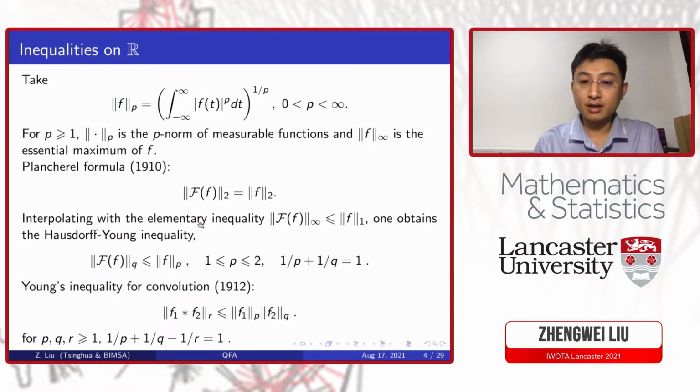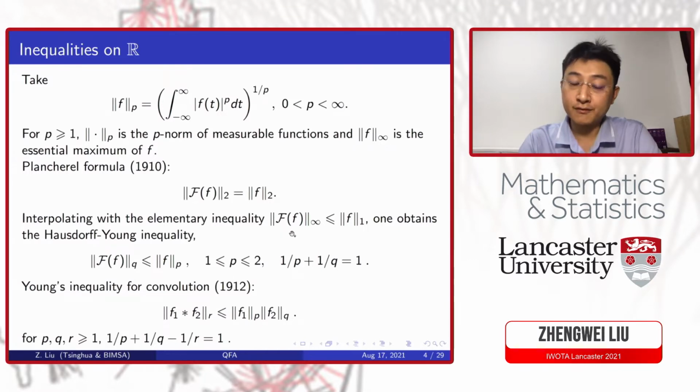Now, to get inequalities, just by the definition, from the integration formula of the Fourier transform it is easy to show that the Fourier transform of f has maximum value bounded by the one-norm of f. Then by interpolation methods, we can get an inequality for the p and q norms, subject to the condition p inverse plus q inverse equals 1.